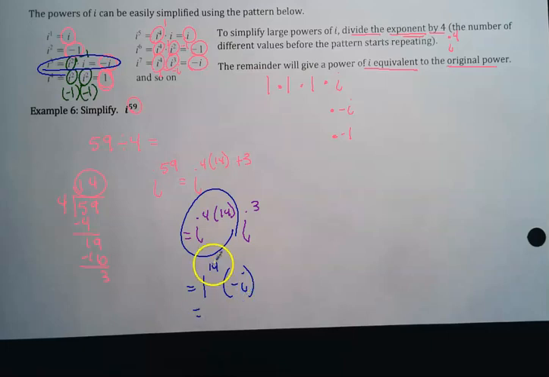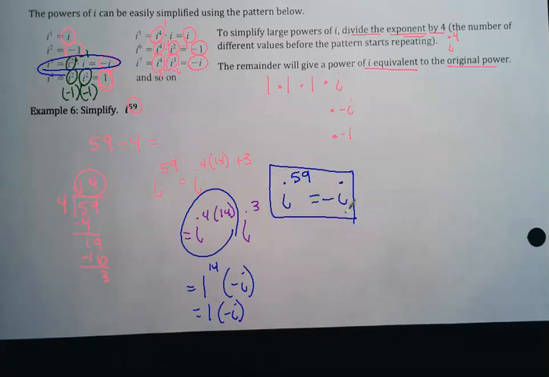So 1 to the 14th power is 1 times negative i is negative i. So i to the 59th power is equal to negative i.